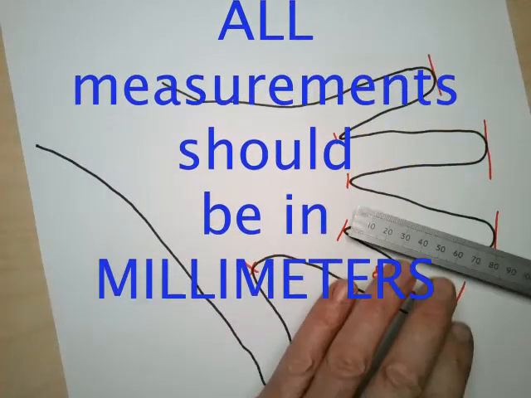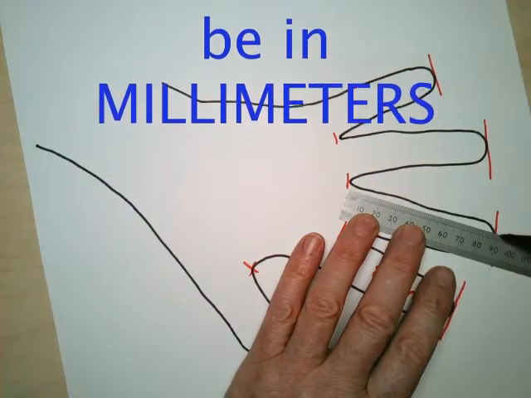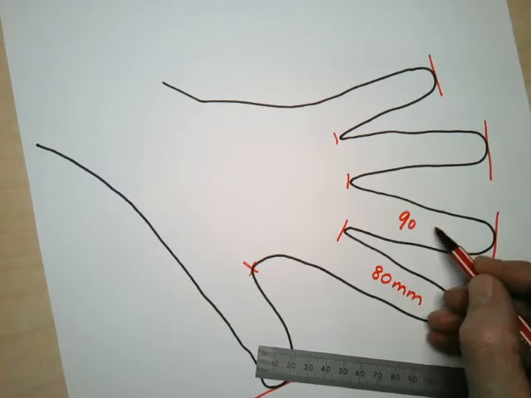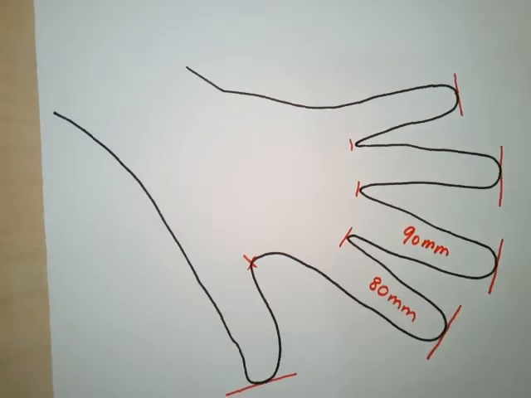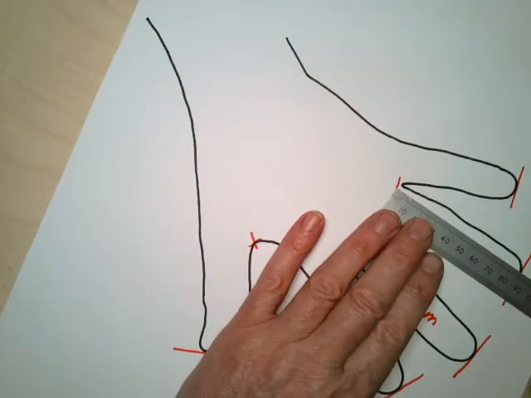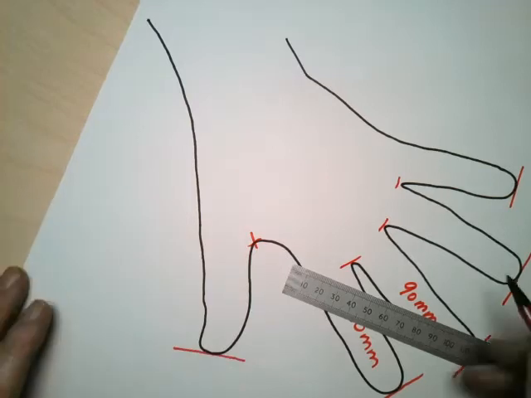For our second finger, we're going to measure from the second line to the end, and it is 90 millimeters. The same for the third, which is 87 millimeters.